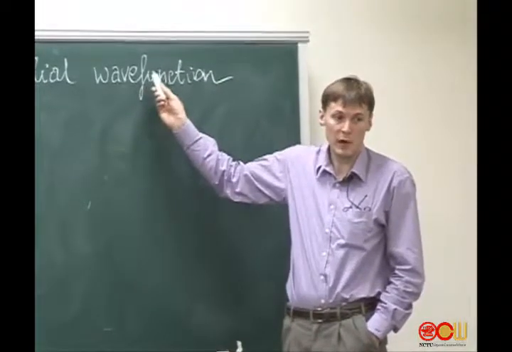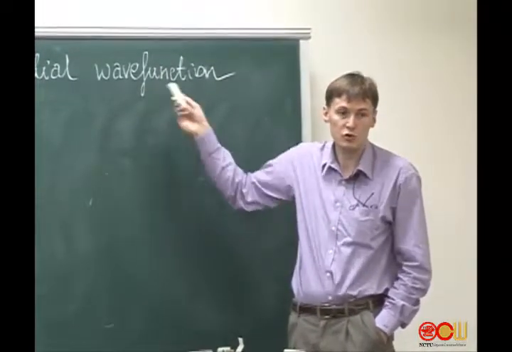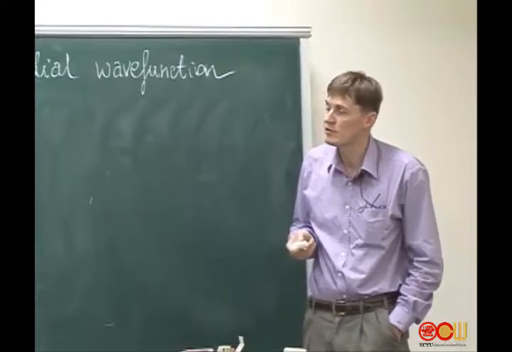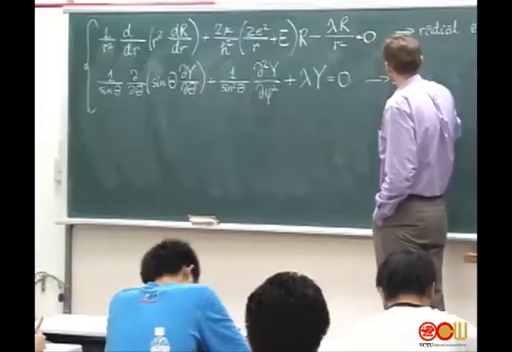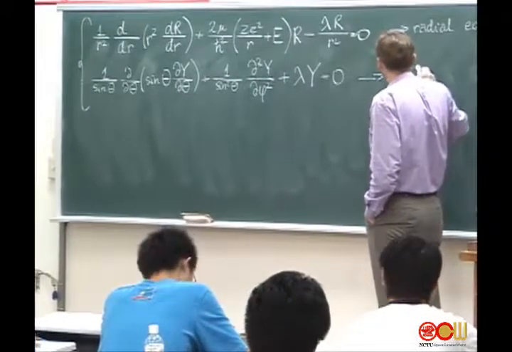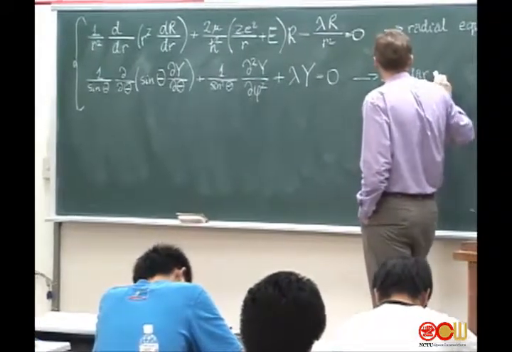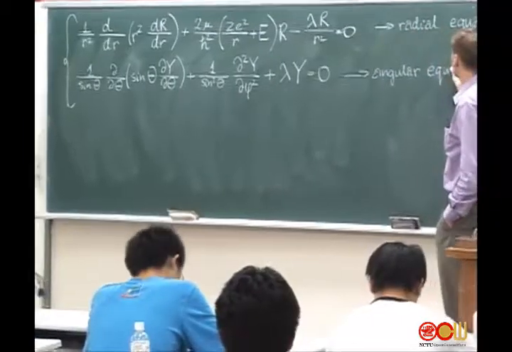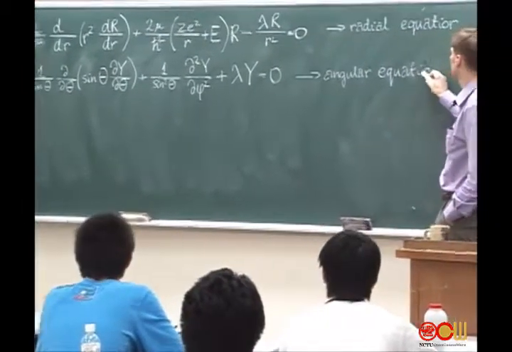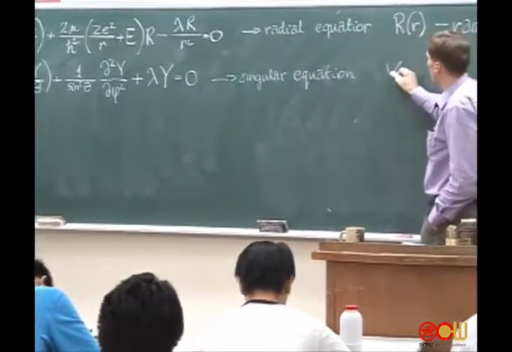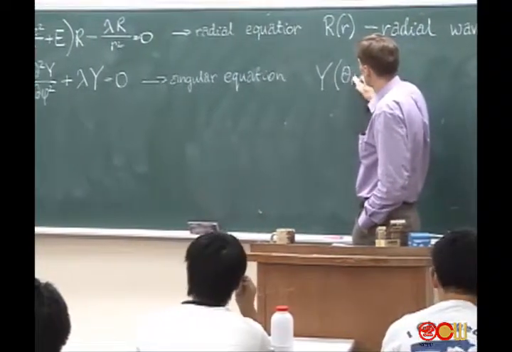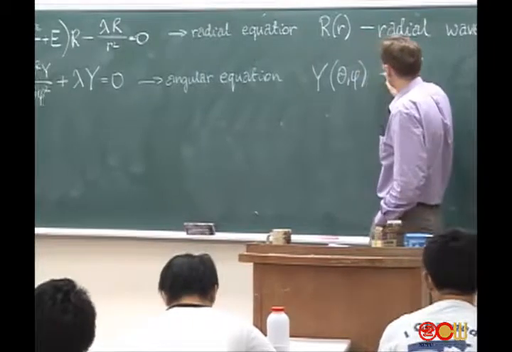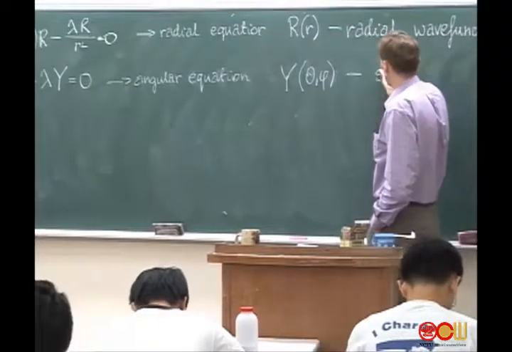Sometimes I will be writing wave function as one word, sometimes as two words. I guess both is correct, but more correct is two words. This one is the angular equation. And the Y of theta and phi is called spherical harmonic.